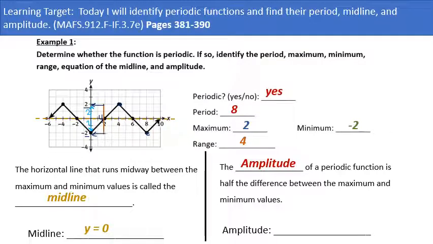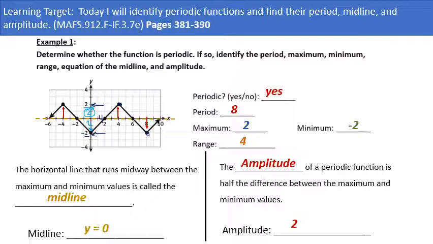When we tested our midline by saying, how many did we go up? Oh, that was 2, right? How many did we go down? That was also 2. Guess what our amplitude is? That's the amplitude. It's the distance from the middle, from the midline, going up. And you can measure that on any of the cycles. So maximum value, minimum value, maximum value, minimum value, they should all be the same number.